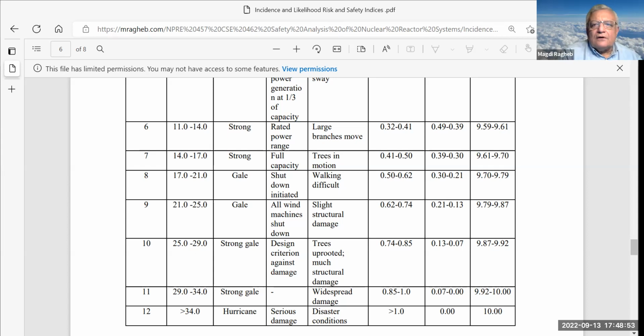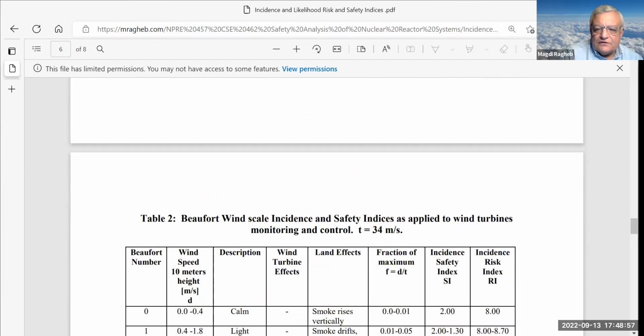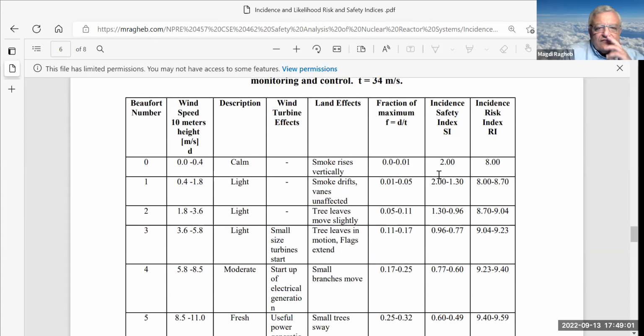Now, this safety index is the level on a scale from 0 to 10 of the levels of operation of wind turbines, translated from observation of the wave shape, like whether you find white bubbles on the tip of waves, and how the trees behave even on land.